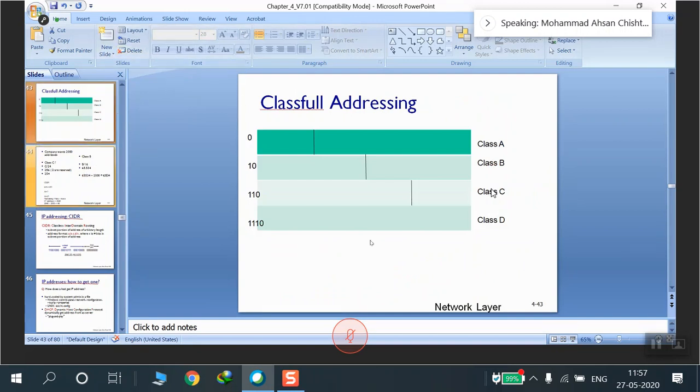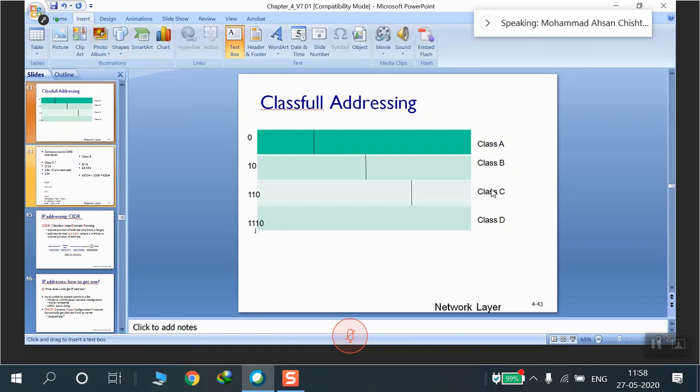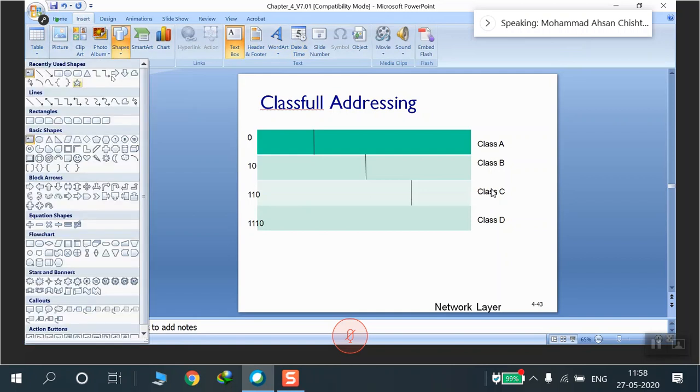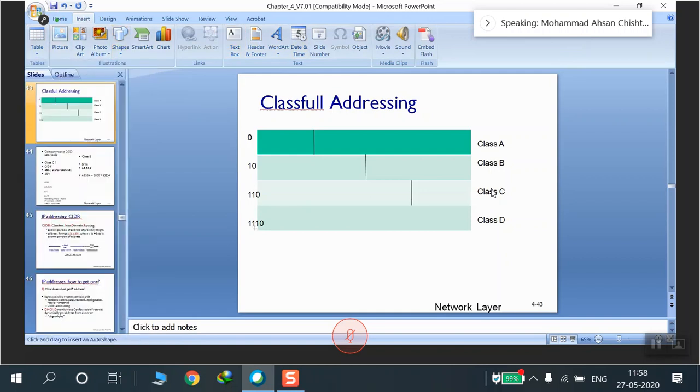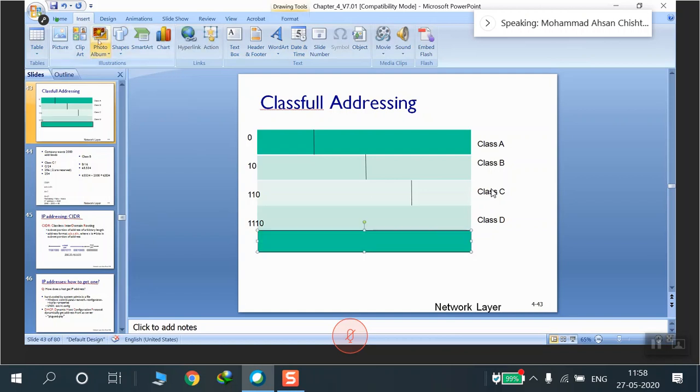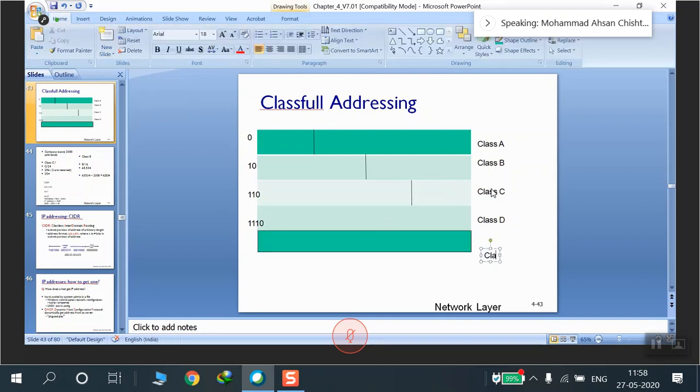Let me just write that down. And also there is the fifth one, which I forgot to mention here. Let me just draw a box here to indicate that beyond this also there is one, and this we call class E.